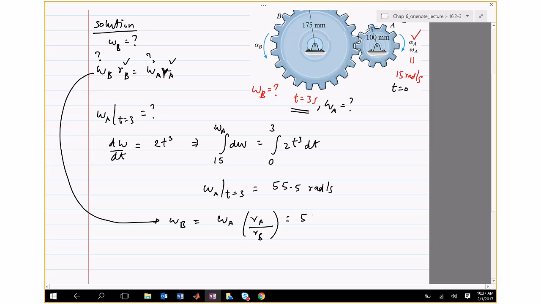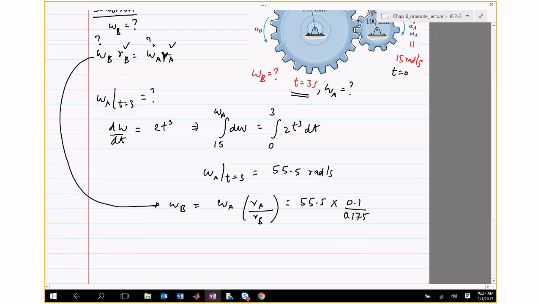Omega A is 55.5, RA is 100 mm, which is 0.1 meters, and RB is 0.175. So that comes out to be 31.71 radians per second. Okay, is that clear?